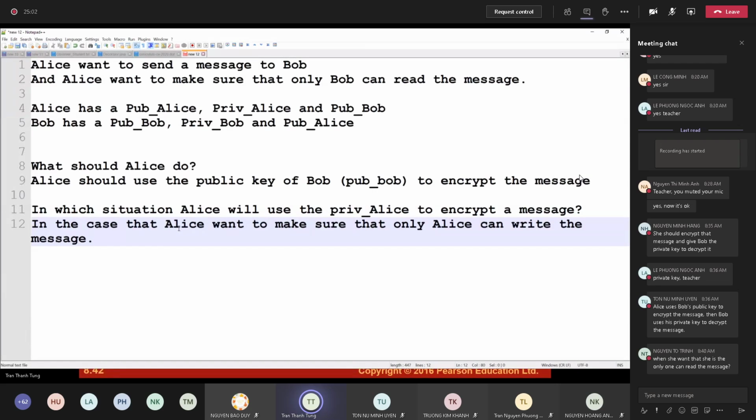Okay, so do you get the idea? Because when we successfully decrypt the message using the public key of Alice, it means that it was encrypted by the private key of Alice, and we can ensure that the message is written by Alice.